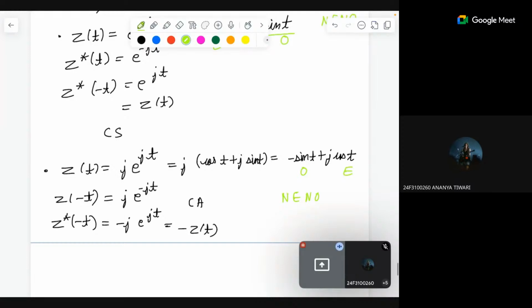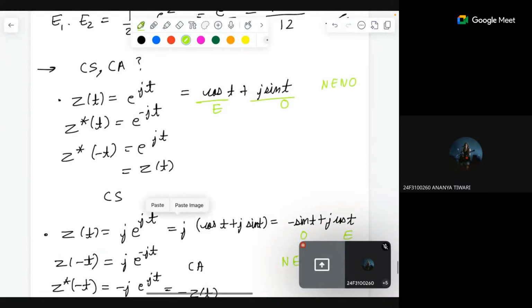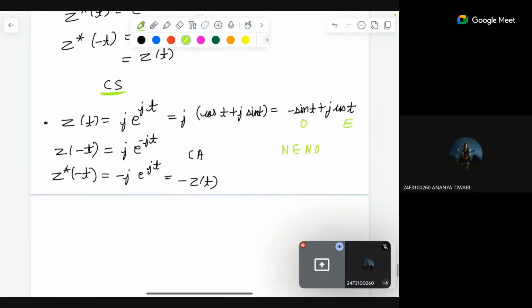And what I want you to focus on is that this first signal was conjugate symmetric, and we studied that for conjugate symmetric, the real part is even and the imaginary part is odd. So that follows, right? Now let us look at this conjugate asymmetric signal. Here the real part is odd and imaginary part is even, just like what we discussed, right?